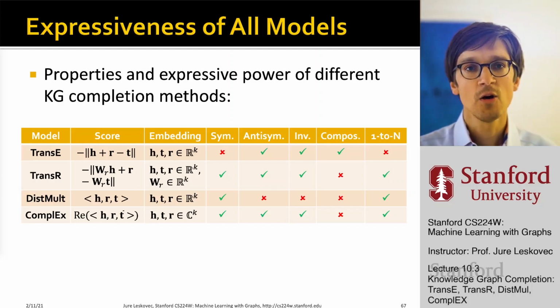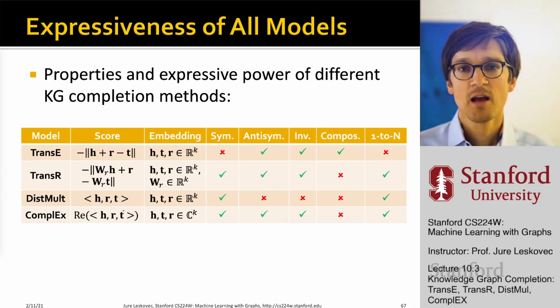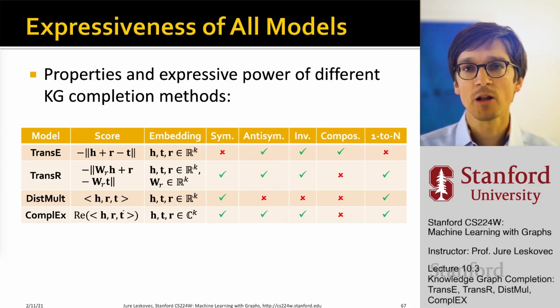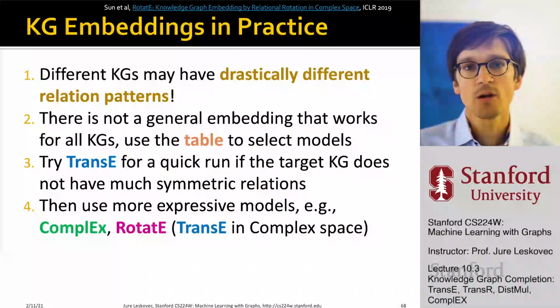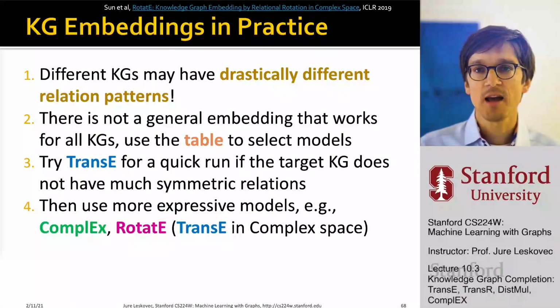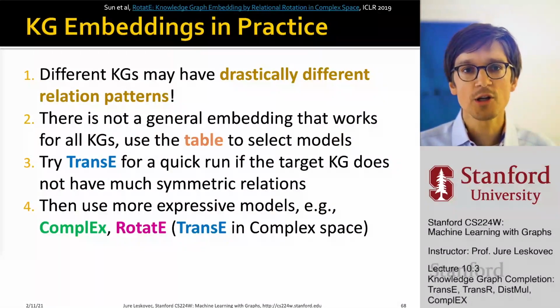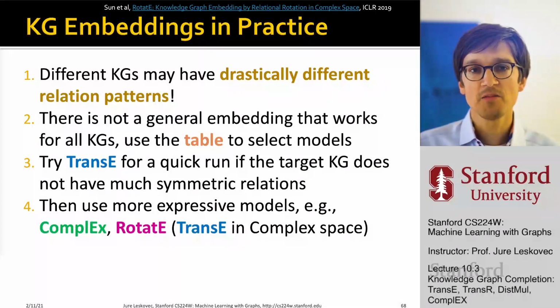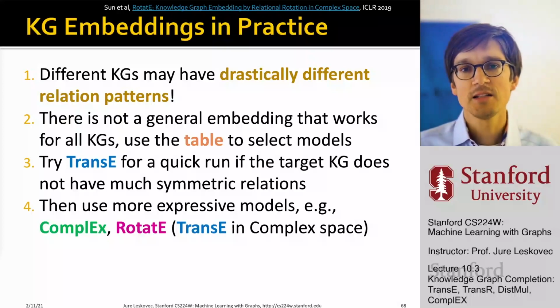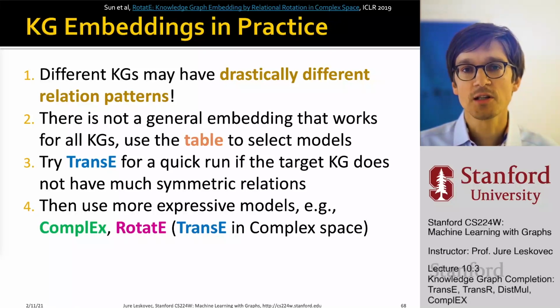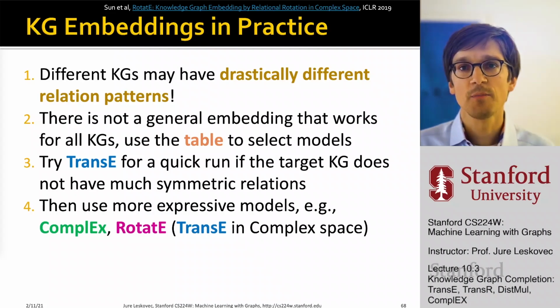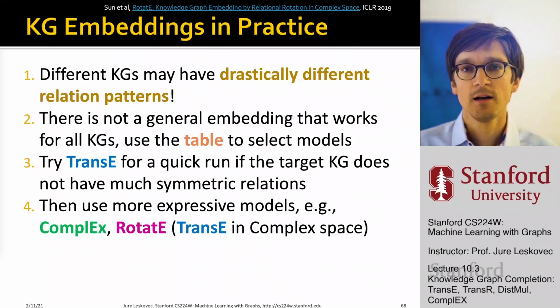In general, TransR and ComplEx are able to model the most diverse set of relation types. What you can always try is TransE, because it's very simple and has a very nice intuition. Then you can use a more expressive model like ComplEx. There is also a model called RotatE, which is like TransE but with complex embeddings. There are a lot of different approaches and ideas here.